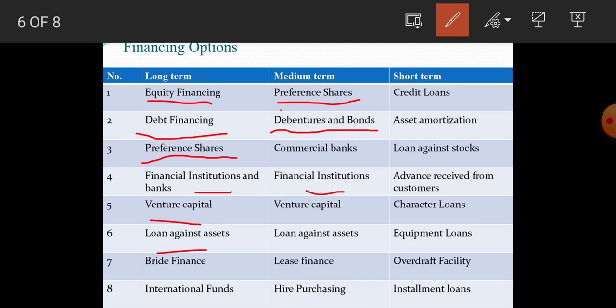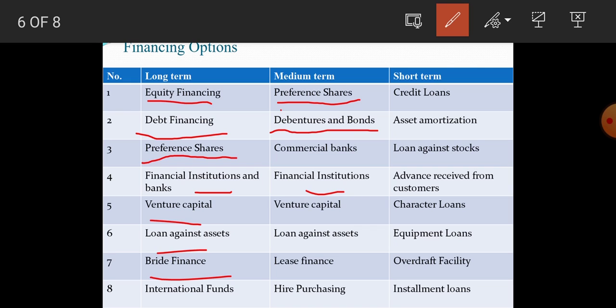Then the next is loan against assets. With this kind of funding, the owner of an asset can keep that asset on mortgage and get whatever loan he wants. This is a kind of finance which generally anybody can take. Then there is bridge finance. So what is bridge finance?